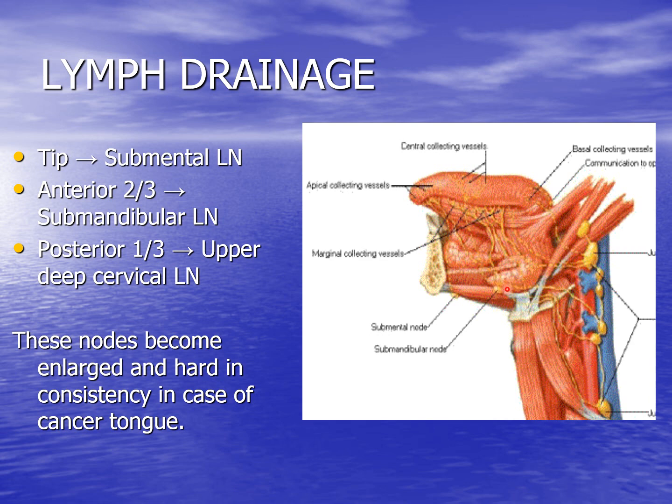They are superficial to the submandibular gland. The posterior third of the tongue drains into the upper deep cervical lymph nodes. So we have the submental, submandibular, and upper deep cervical lymph nodes. The deep cervical lymph nodes run along the internal jugular vein, which is the biggest vein of the neck. This is the upper deep cervical.